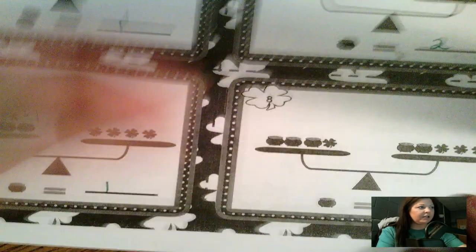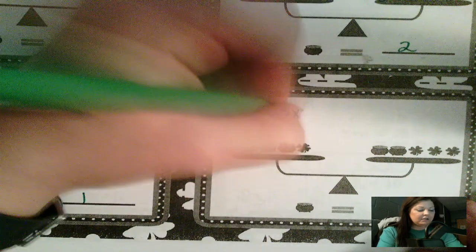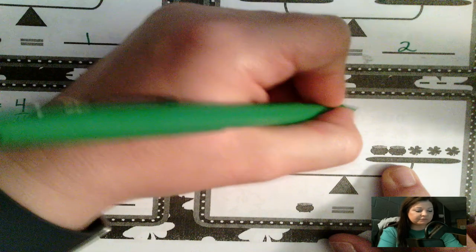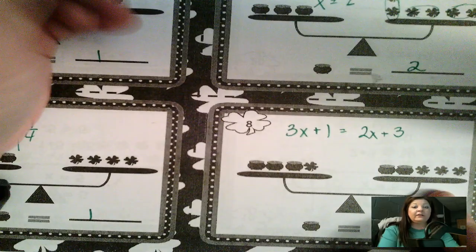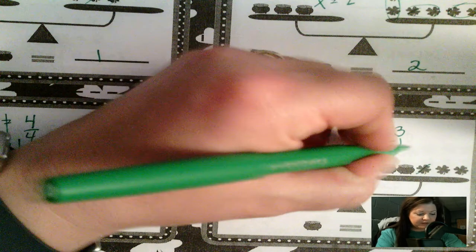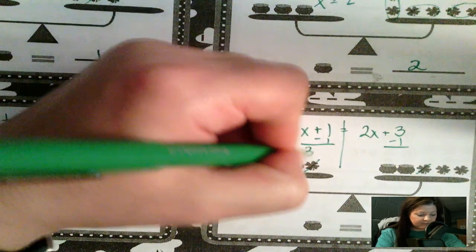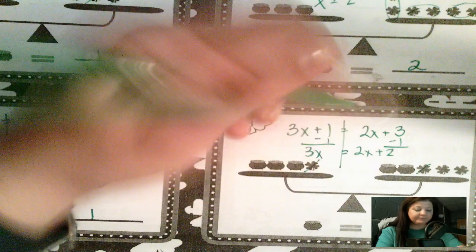And number 8, we have 1, 2, 3 pots of gold. 3x plus 1 is equal to 2 pots of gold plus 3 clovers. All right, so if we get rid of a clover on each side, that's like saying minus 1 on each side. We have 3x is equal to 2x plus 2 now.